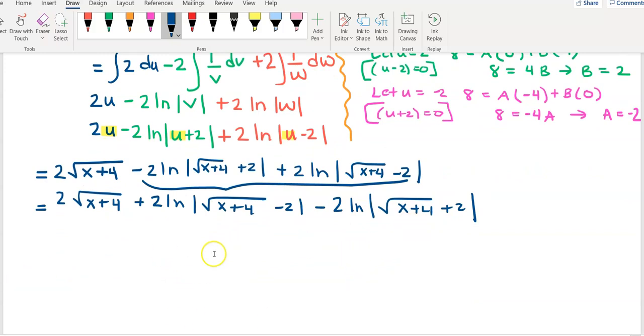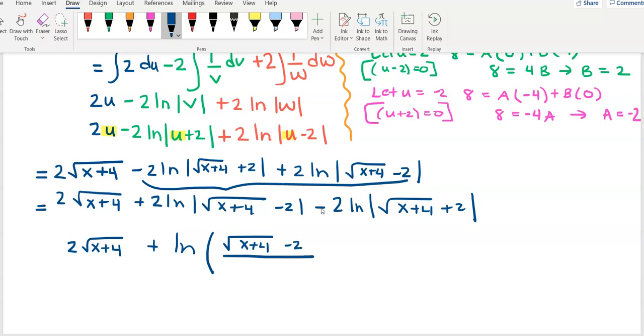And so our properties are going to be able to combine these two, and because there's a minus sign here, it's going to be division. So we can say, okay, well, this first part, 2 root x plus 4, that's great. He's just hanging out in front. Plus, and then we can write the ln of, and it would all be 1. It's going to be the square root of x plus 4 minus 2 up top, because that's the positive piece. And then the negative piece goes in the bottom.